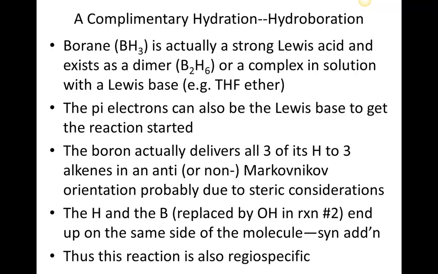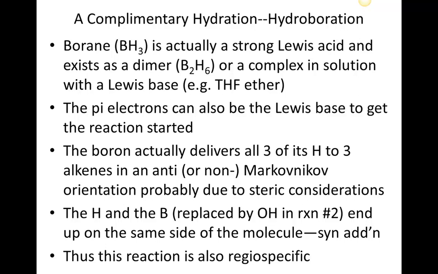The ether's unshared pair of electrons on the oxygen act as the Lewis base to help stabilize the empty orbital on the boron. In any event, no matter how it exists in solution, the boron will still act as a Lewis acid and attract the electrons from the pi cloud of an alkene as the Lewis base. And that's how things get started.